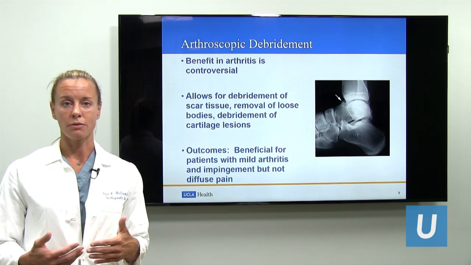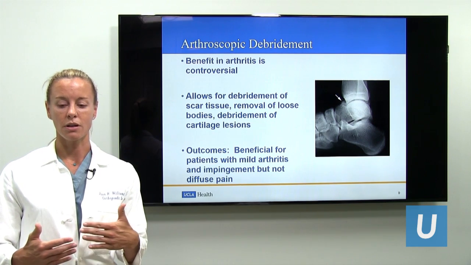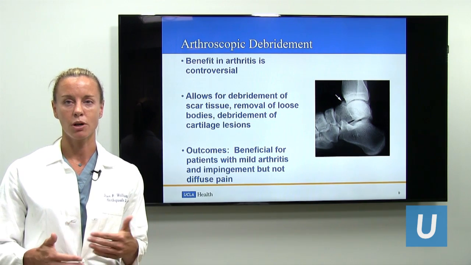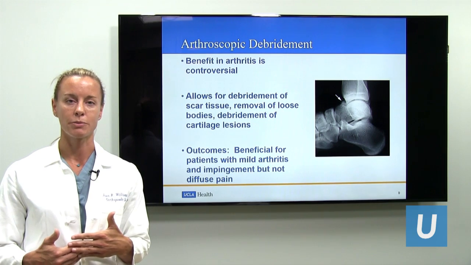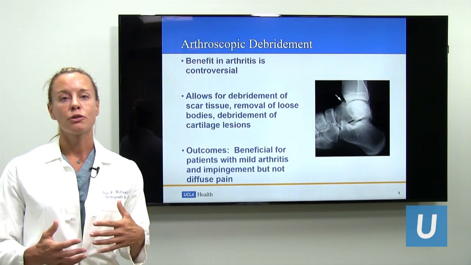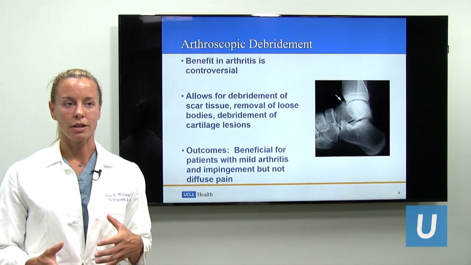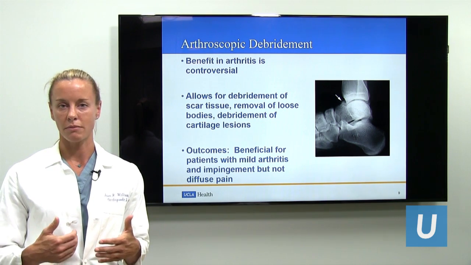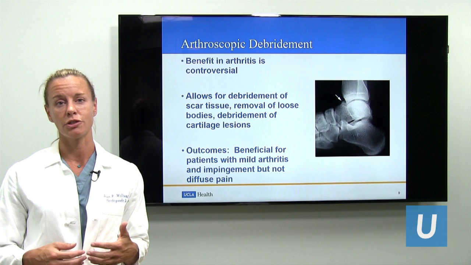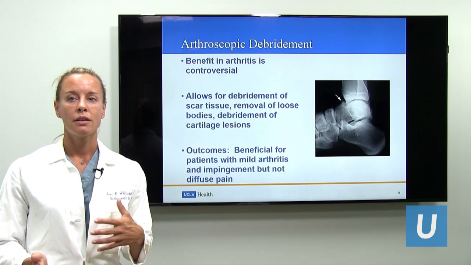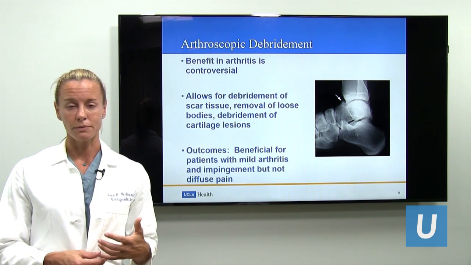And sometimes with arthritis, you develop bone spurs on the parts of the ankle that cause impingement and limit your motion. So what we've found is that for people who have really early arthritis, mild pain, maybe some stiffness because of scar tissue or those bone spurs, arthroscopic debridement is helpful.